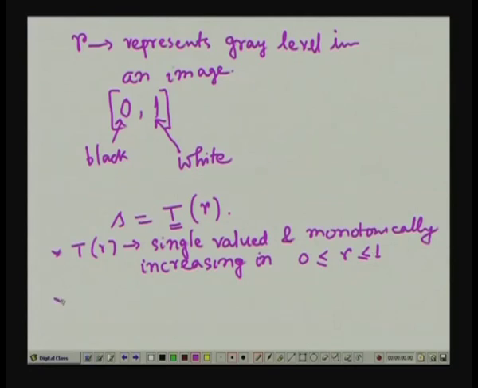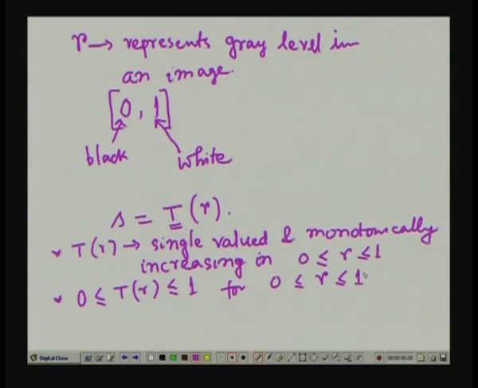And the second condition that T(R) must satisfy is 0 ≤ T(R) ≤ 1 for 0 ≤ R ≤ 1.